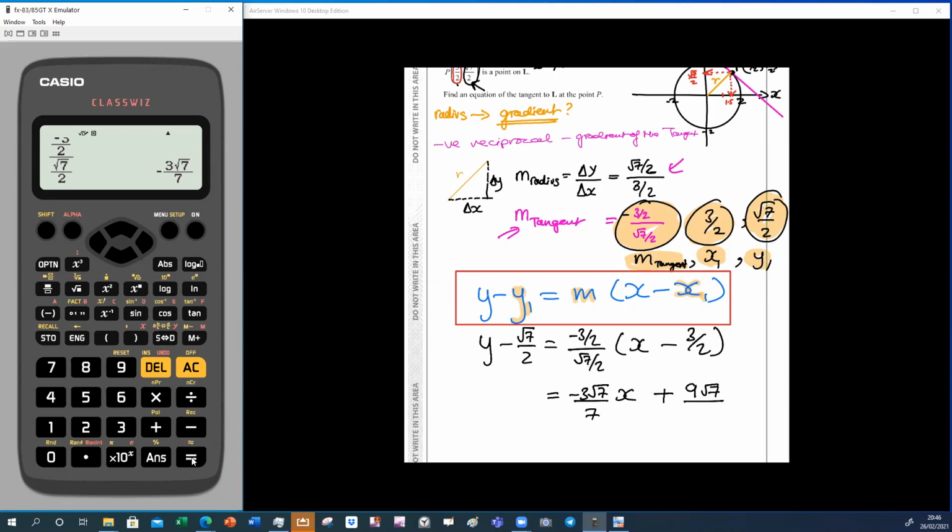And then the 2 will multiply with the 7, that will give you 14. And then we have here the minus root 7, that has to come over here. What's the opposite of minus root 7 over 2? Plus root 7 over 2. Plus root 7 over 2 is equal to y.